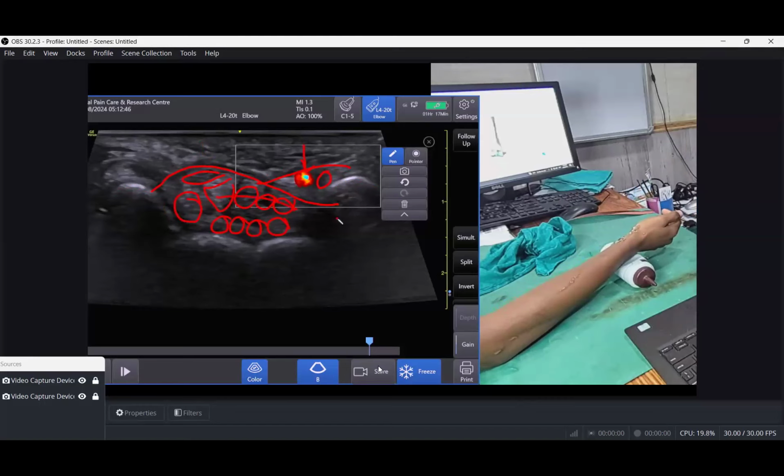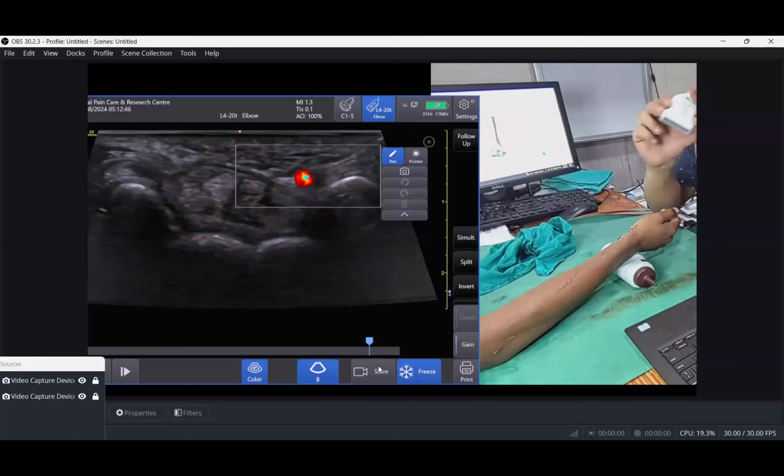Above is the flexor digitorum superficialis, the lower row is the flexor digitorum profundus, and on the lateral side is the flexor pollicis longus, and this one is the median nerve. So the content of the carpal tunnel is basically the median nerve and the nine different tendons, and these are basically the capitate. These hyperechoic structures are basically the carpal bones.